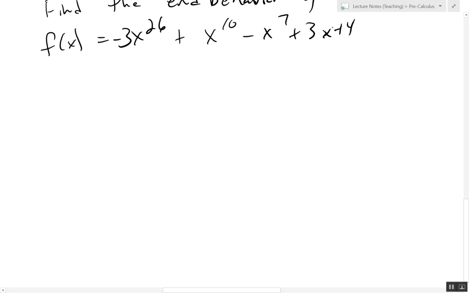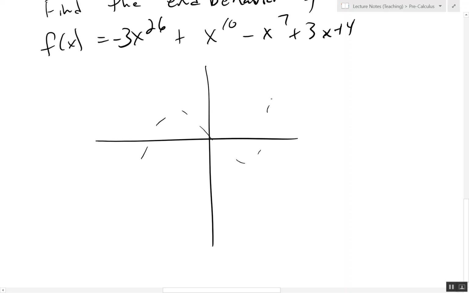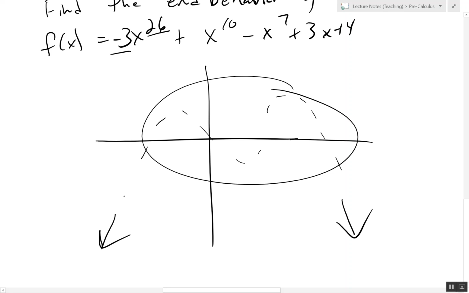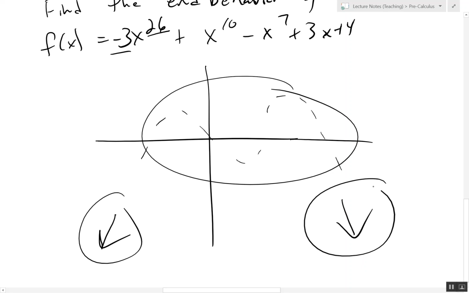Well, this is probably going to be something really horrible, but one thing we do know is that wherever the horribleness is in the middle, it's an even function, so our behavior is going to go down in this direction and down in this direction, because we have an even term with a negative coefficient. So this part we don't know, but we certainly know what these two parts are.